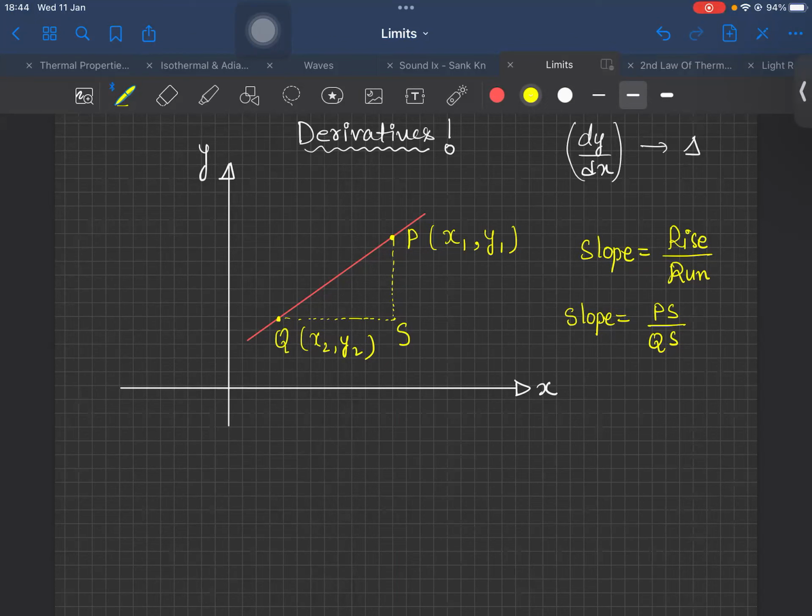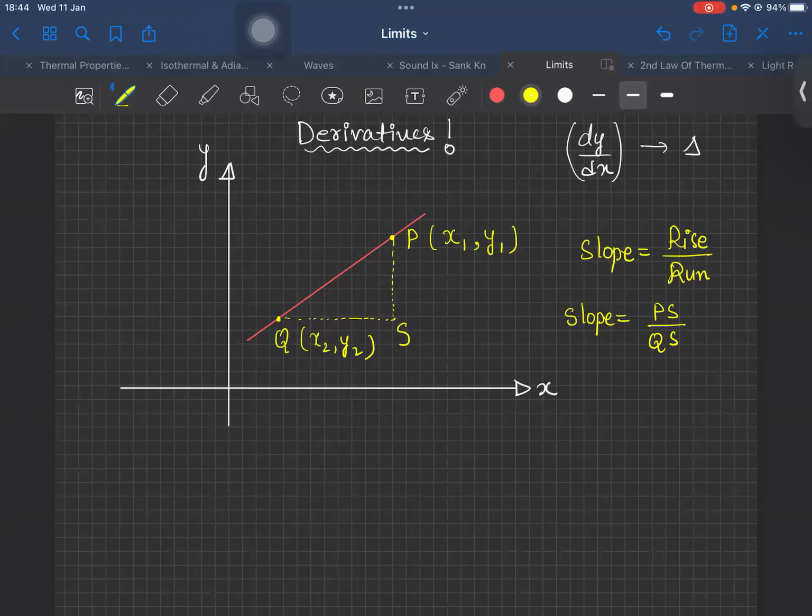Now, at all the points we know for a straight line, the slope is constant, right? Now, how do we find a slope? If we are given the coordinates, we can find it using coordinate geometry of straight lines, which we have studied. But here, let's say, now we can use PS. How do you calculate PS?